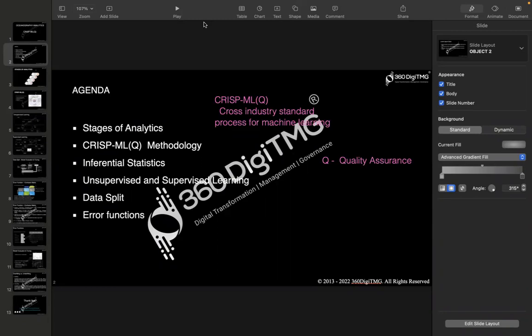So we have some steps that are business understanding, data understanding, data engineering, data preparation, machine learning model engineering, quality assurance for machine learning applications, deployment, and monitoring and maintenance. So we will learn this step by step.